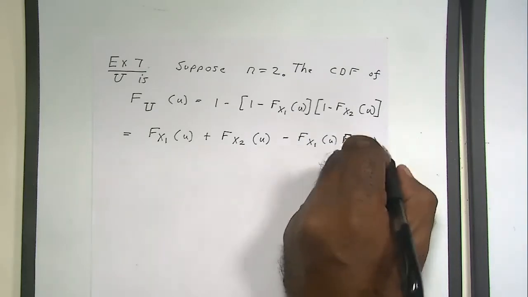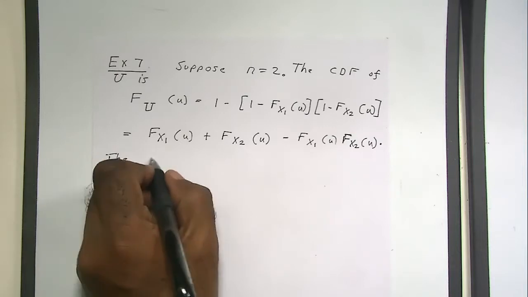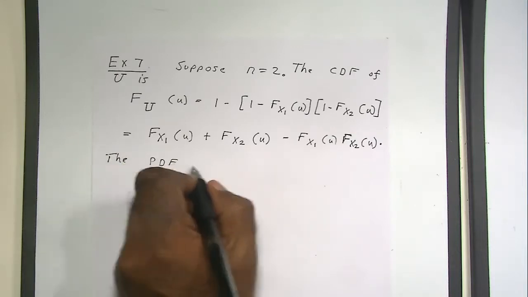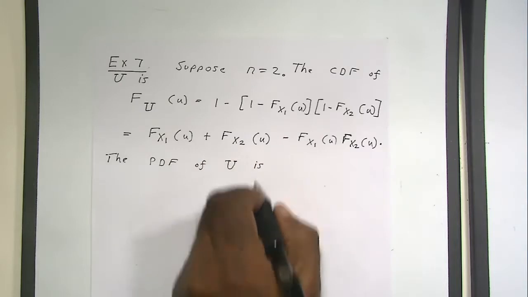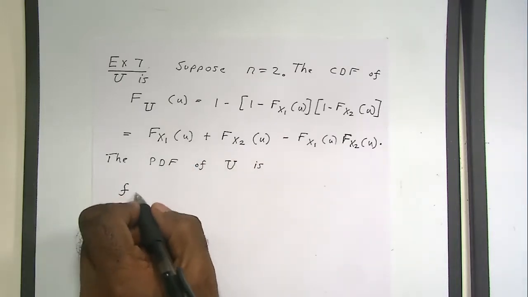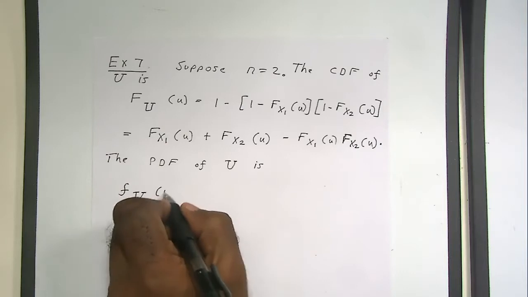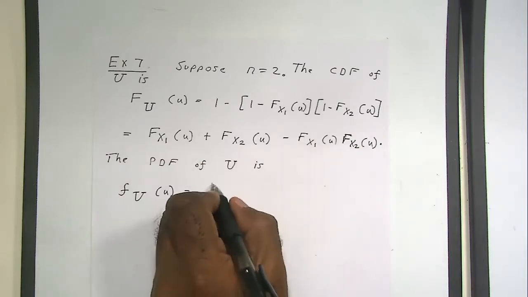And the PDF of U is just the derivative of this, so you should differentiate this with respect to U.